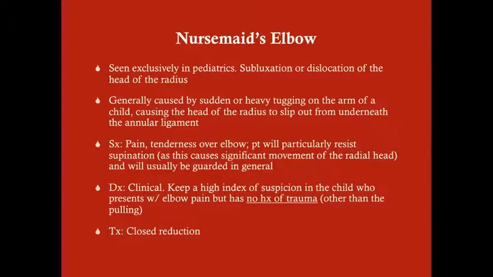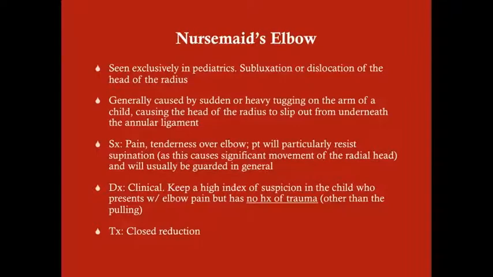That's going to cause significant pain in the patient with nursemaid's elbow. And the reason for that is because with supination, you have significant movement of the radial head. And if the radial head is dislocated, you're going to have the radial head moving up against all sorts of structures, and so that's going to cause pain.